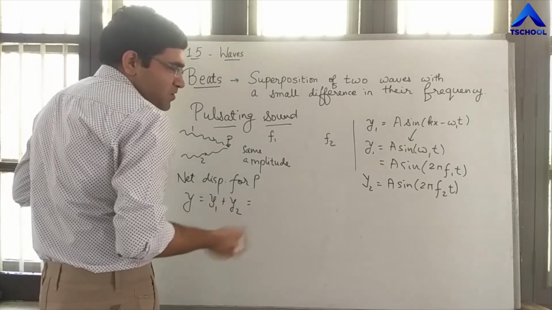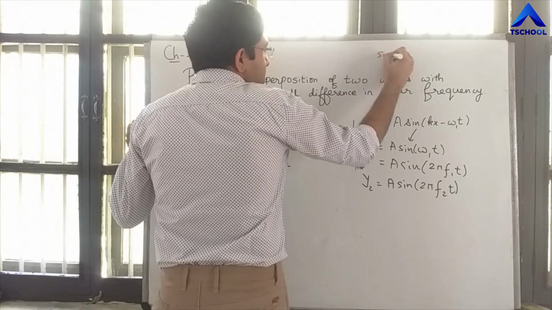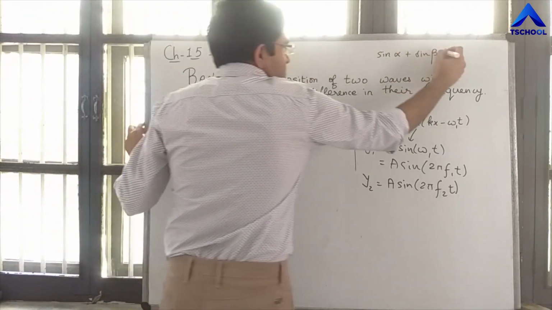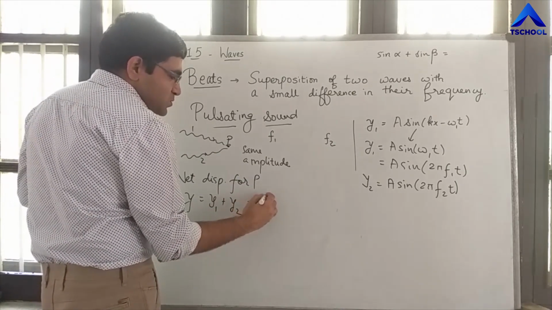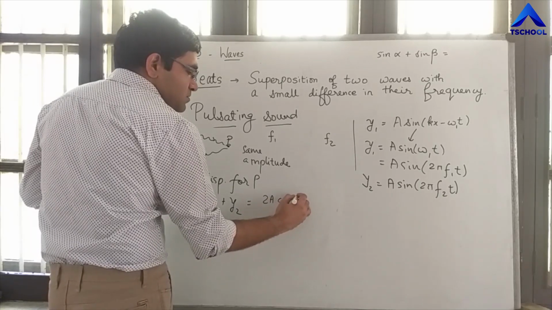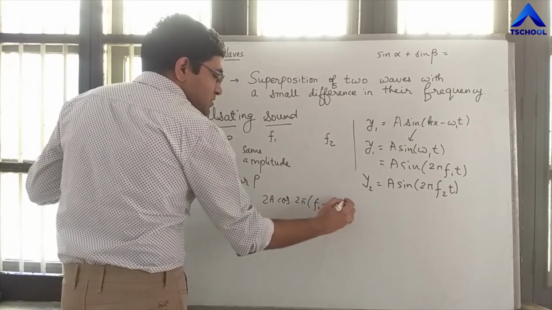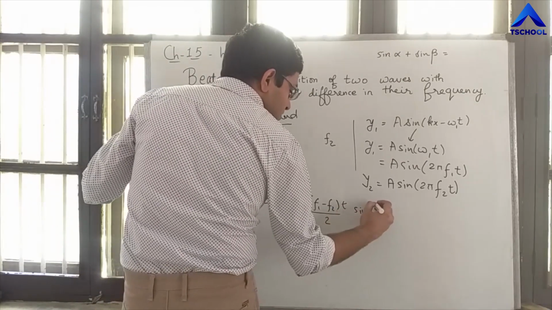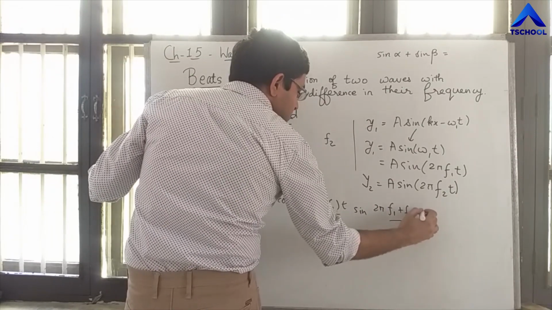I'm sure you all realize that when we add these two equations, we're going to have to use a formula of this kind: sine alpha plus sine beta. I'm sure you do know the right hand side. So what we get here is 2a cos (2 pi into (f1 minus f2) t by 2) into sine (2 pi into (f1 plus f2) by 2 t).